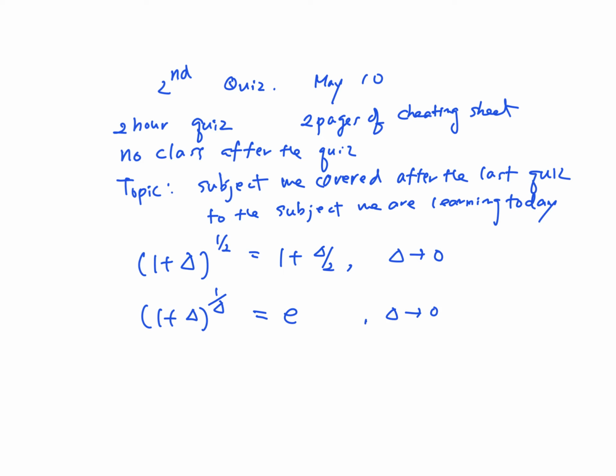E is the Napier number, 2.718, etc. And I think previously we covered the logarithm, log x, right? This is the last topic we covered.